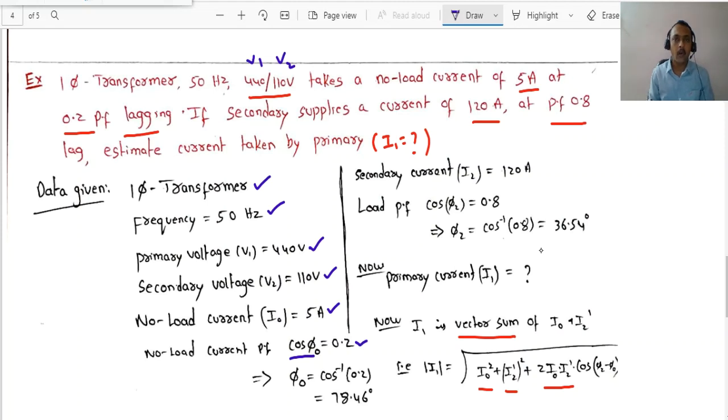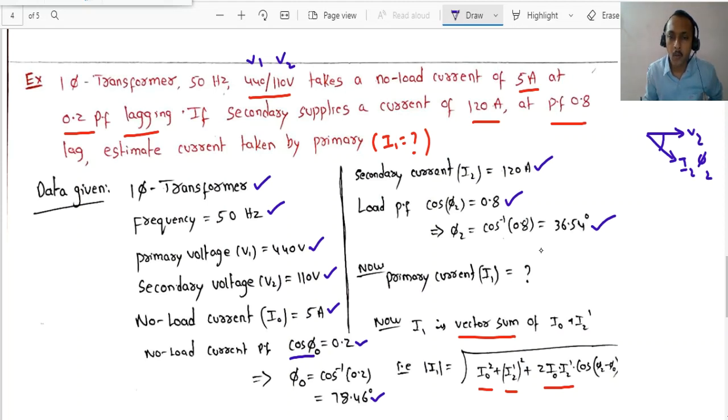So phi naught equals cos inverse of 0.2, which is 78.46 degrees. Secondary current I2 is given as 120 amps. The load power factor, that is the angle between V2 and I2, cos phi 2, is given as 0.8. So phi 2 will be cos inverse of 0.8, which is 36.54 degrees.